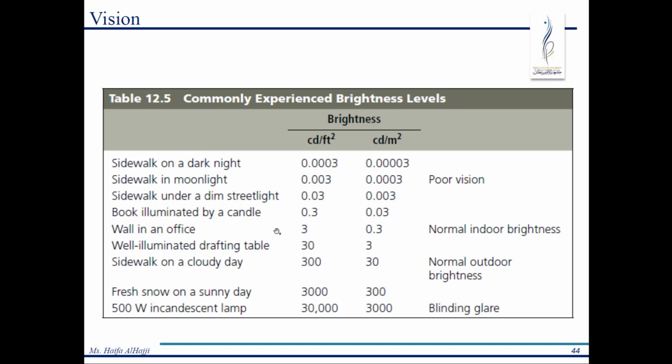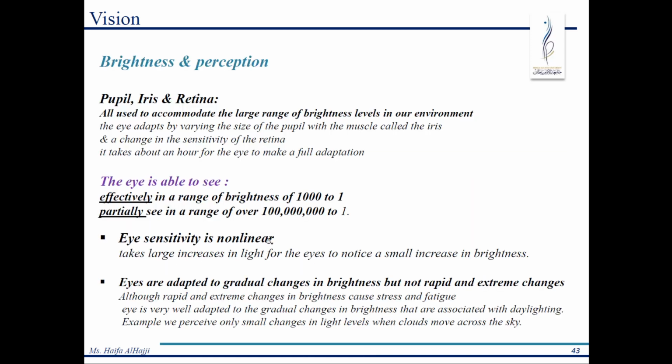For example, walking in an office is 0.3 brightness, and a sidewalk in the moon is 0.0003. So you see, just dividing by 1000, you might feel it as only twice as less or maybe 10 times less. This is what we mean by eye sensitivity not being linear.